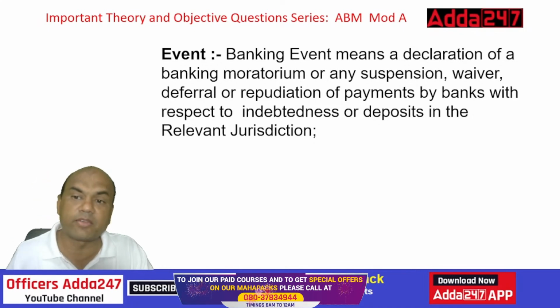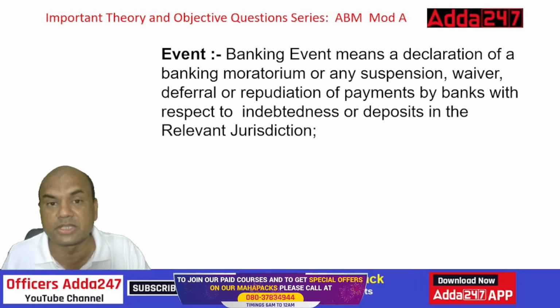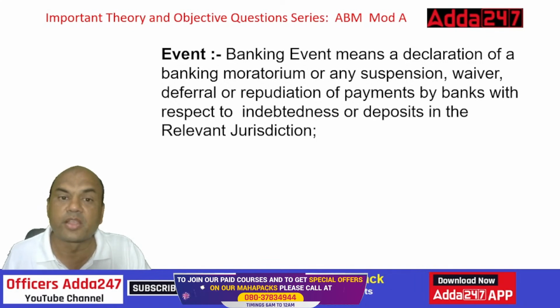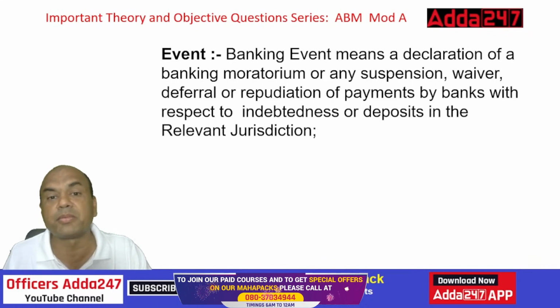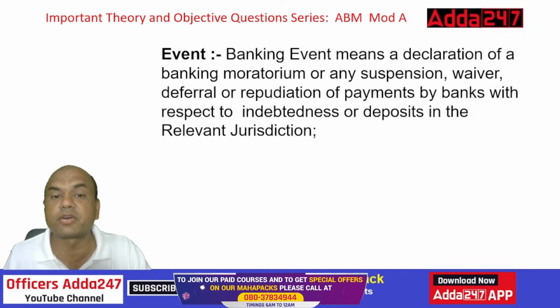So banking event means declaration of banking moratorium. Moratorium means delaying the payment, right? The bank allows delaying the payment in problematic situations like COVID, or any suspension, waiver, deferral.